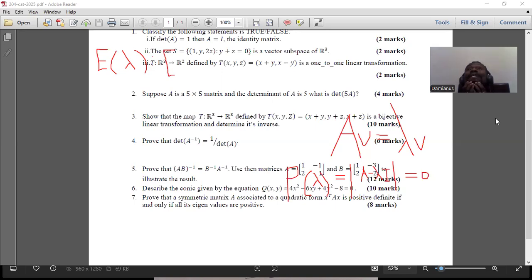This matrix, A minus lambda I, is a matrix. That's why you're finding this determinant. So the null space of this matrix, you know what a null space is? Null space means the solution to the homogeneous system of linear equations whose coefficient matrix is A minus lambda I. So that solution will be the eigenspace.